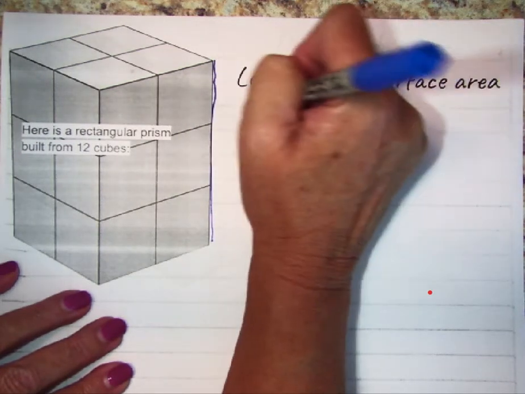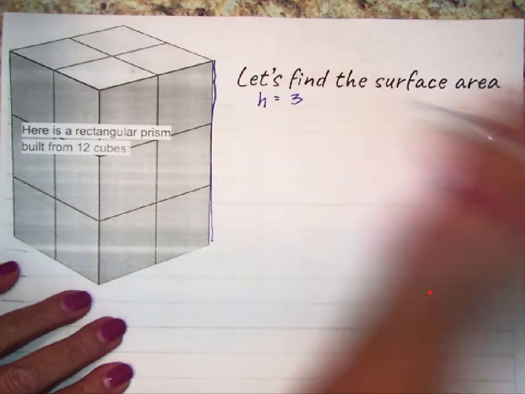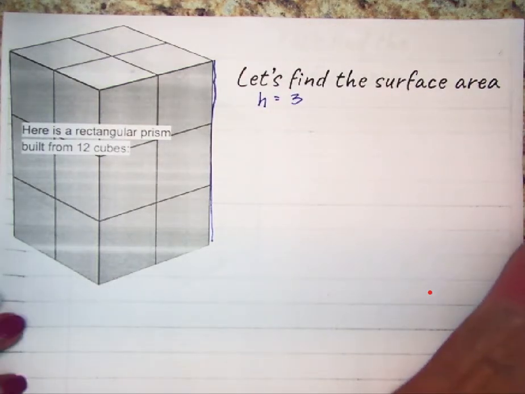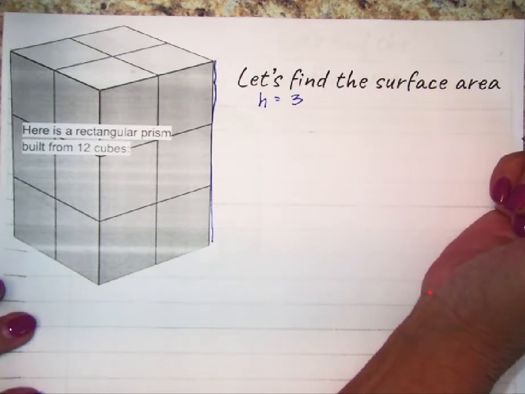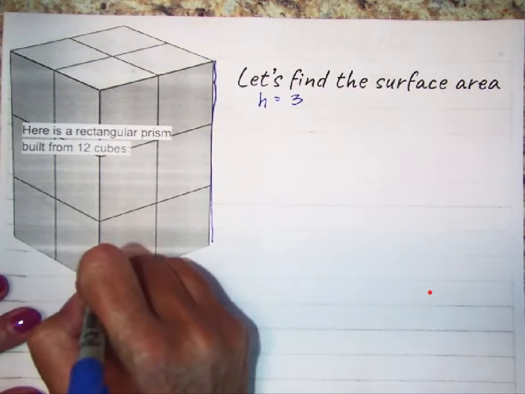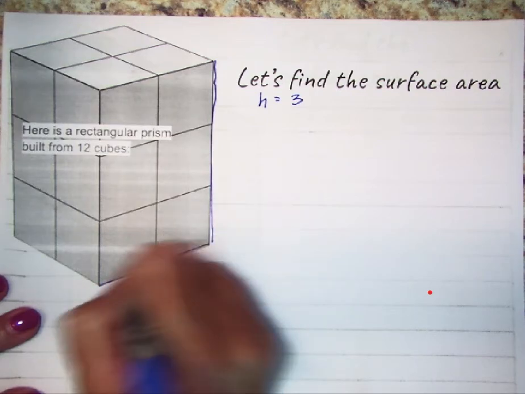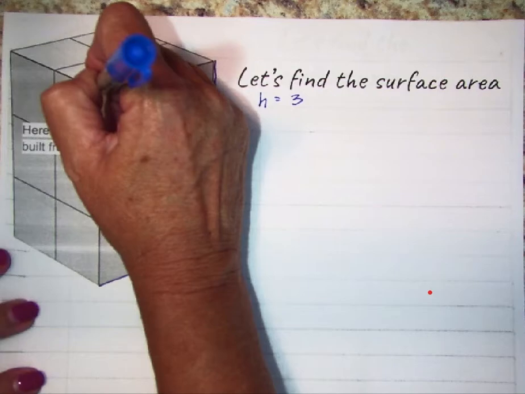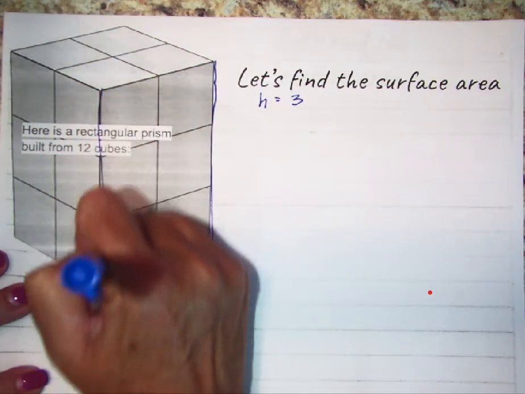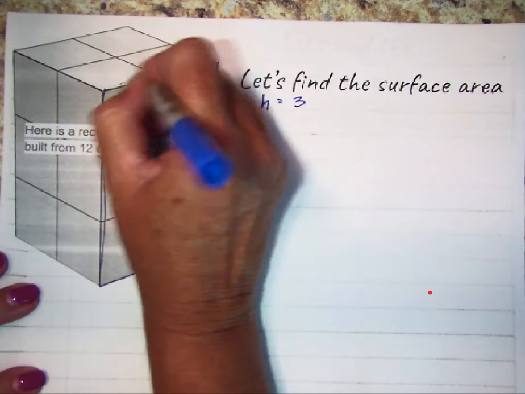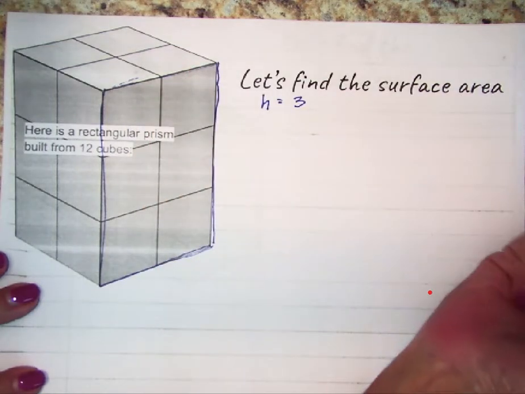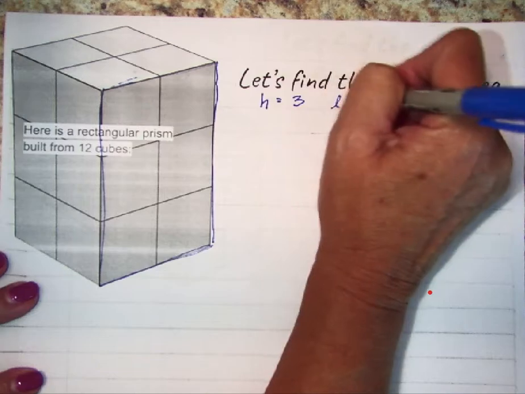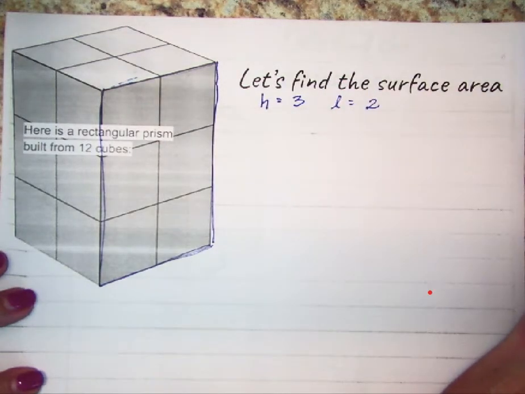The height is 3, right? So if I find the area, and let's say this is the length, and let's signify this as the front of this rectangular prism, the height is 3, the length is 2.